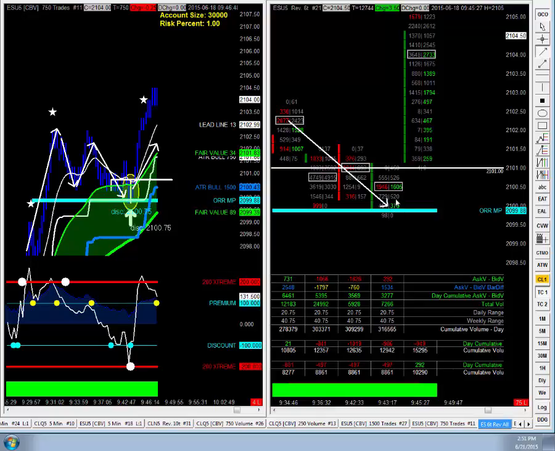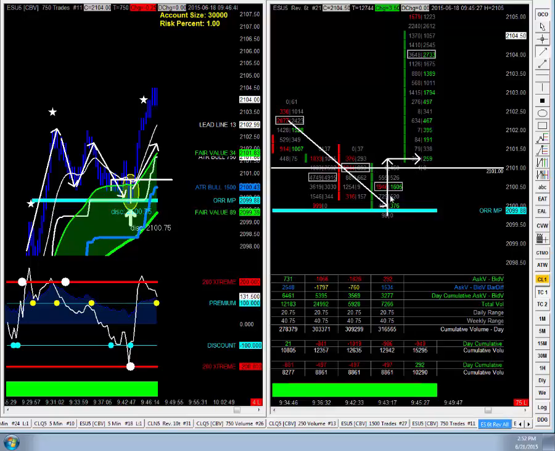So 1, 2, 3, 4, 5, 6. We get a 6-tick reversal right into the 2101 quarters, and effectively that creates an entry trigger, regardless of whether you're looking at the traditional discount chart, the 750 tick, or the new number bars.